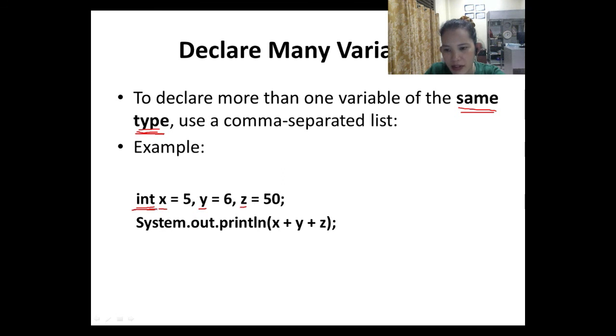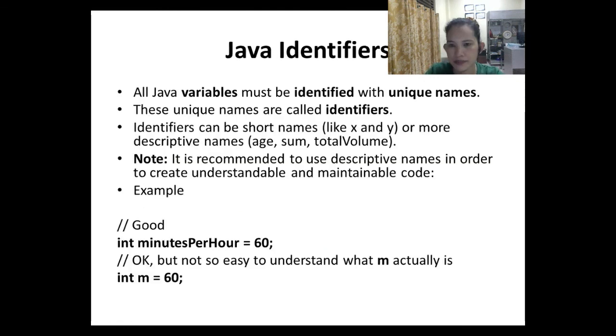So you can declare int x = 5, y = 6, z = 50. And then we print x, which is 5, plus y, which is 6, plus z, which is 50. So the output of this is 5 plus 6 plus 50 equals 61.